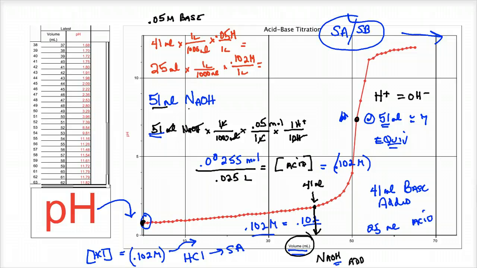So 41 milliliters, divide by 1,000. Turn your calculator on first. I probably could have done that in my head. Times 0.05, and I get 0.00205 moles of what? Of base.